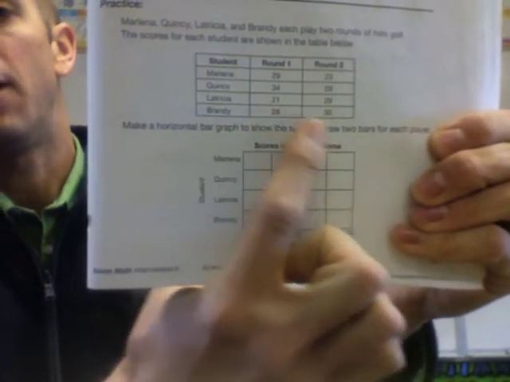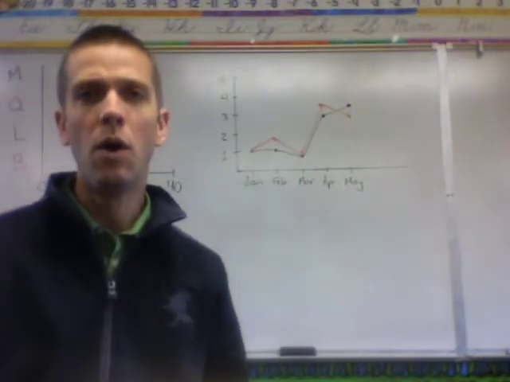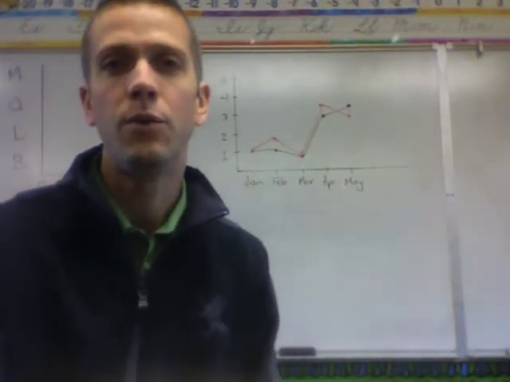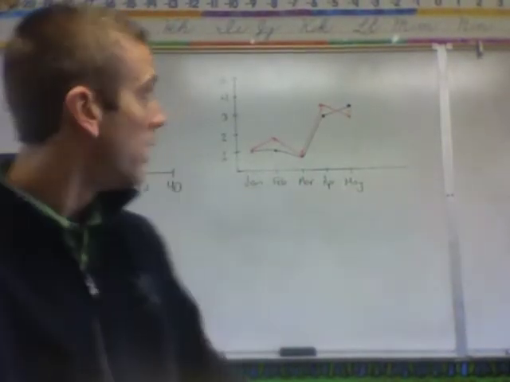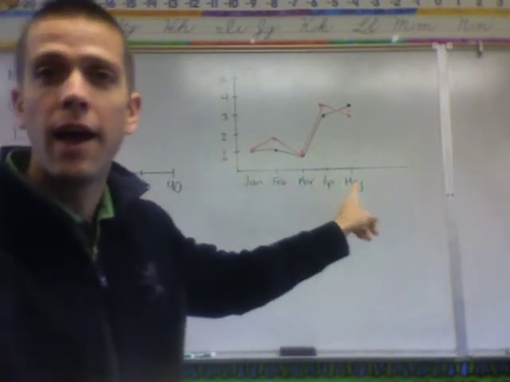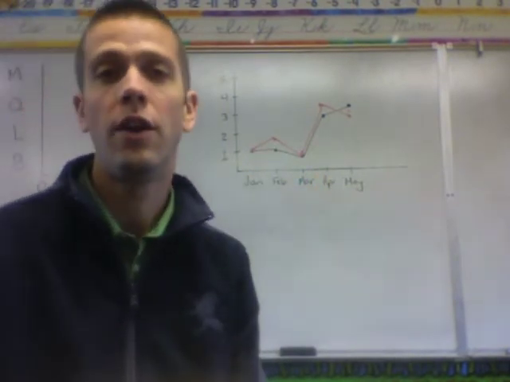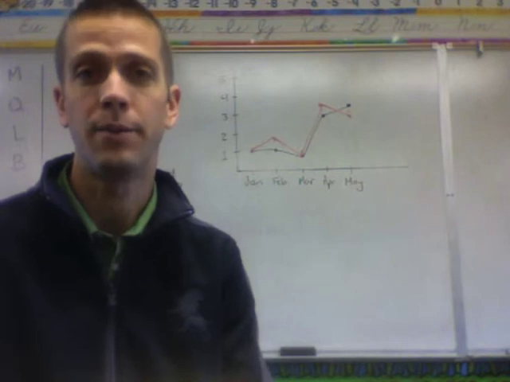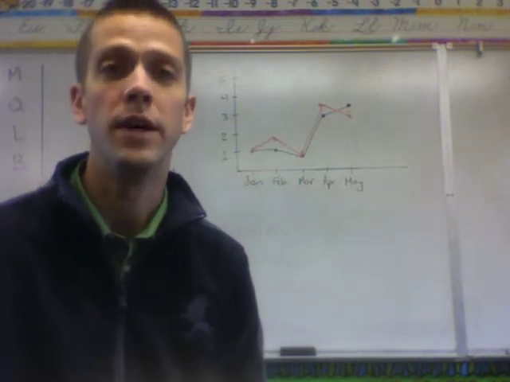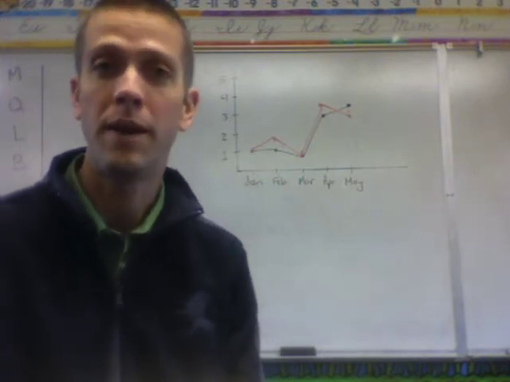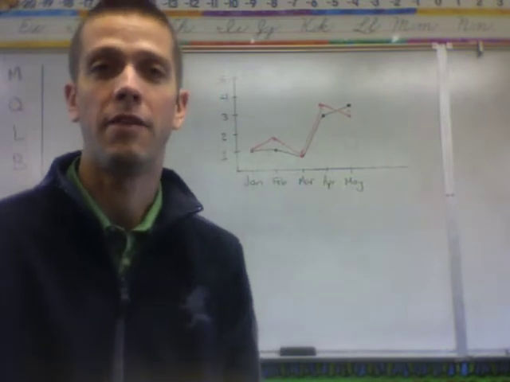Now Brandy scores here for round 1 and round 2. Now we need to distinguish the difference between round 1 and round 2. Right here I had a black line and a red line. You could use colors, you could use designs, or something like that. I'm going to go ahead and use designs for this one since you're probably doing your work in a pencil, hopefully, and you might not have colors handy.